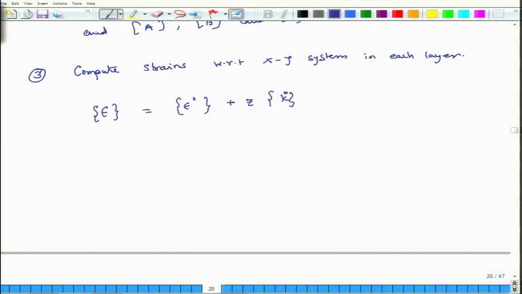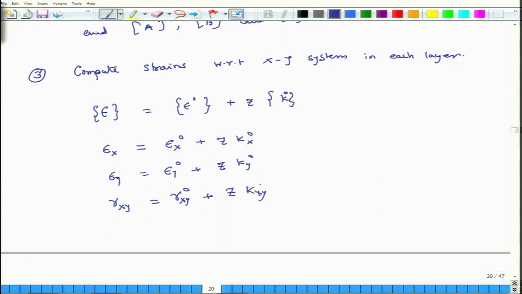So, specifically epsilon x will be epsilon x naught plus z times k x naught, epsilon y equals epsilon y naught plus z times k y naught, and gamma x y equals gamma x y naught plus z times k x y naught.